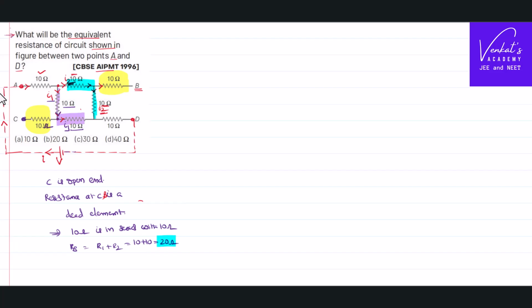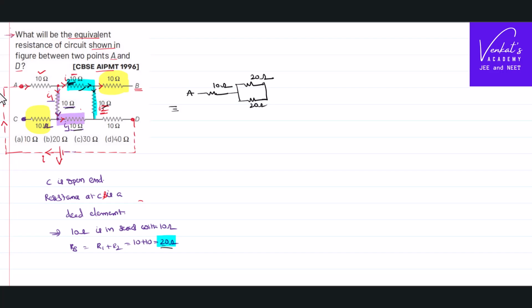If you have to draw an equivalent circuit of this, you can draw 10 ohms at the point A. Instead of these two 10s who are in series, I can draw a 20. Instead of these two 10s, I can also draw another 20.